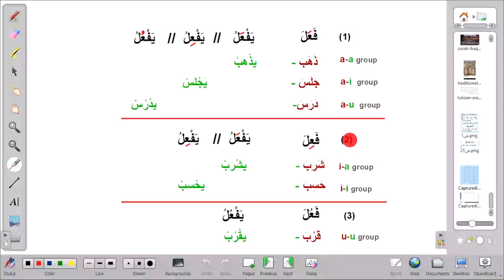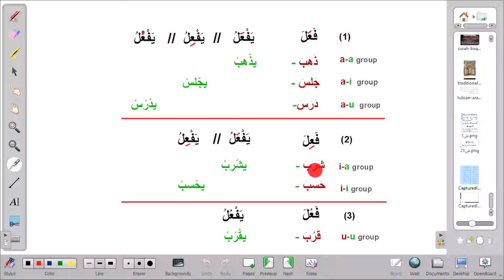They are the second category, having kesra in the middle. Their mudore is either going to be yaf'alu or yaf'ilu. So those with kesra on the middle letter, you will never see them having this one. There's no way the mudore will be yashrubu, yahsubu. It doesn't happen.